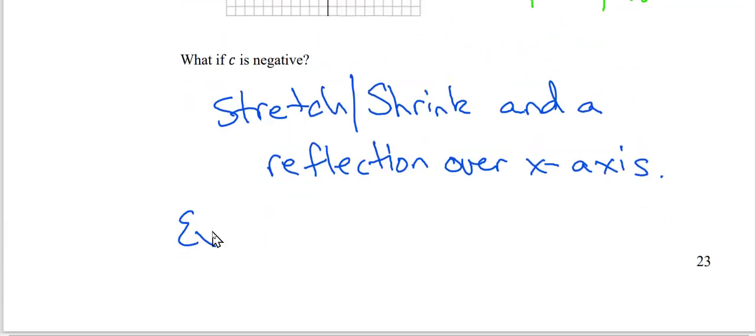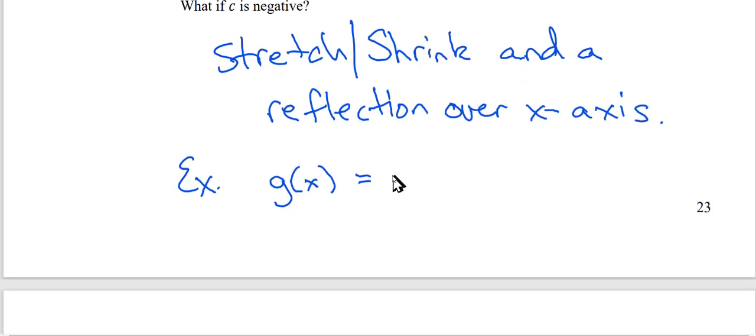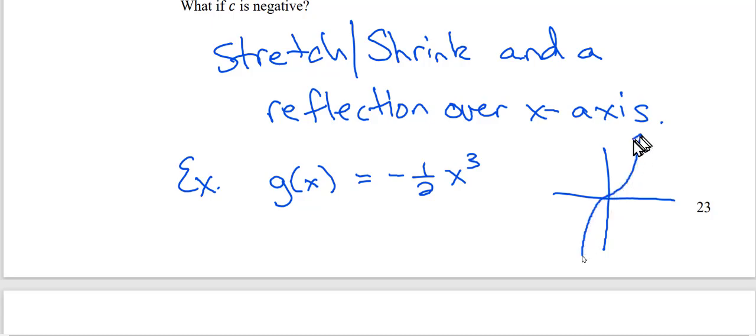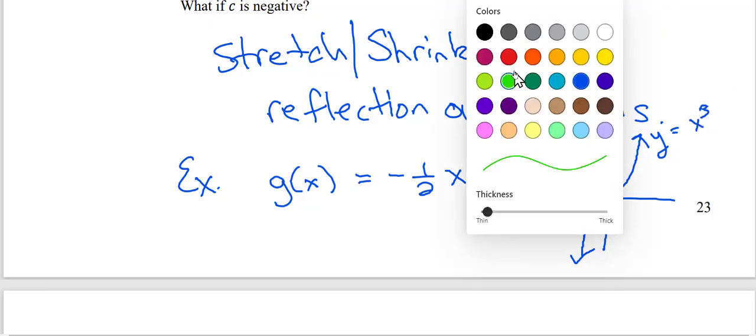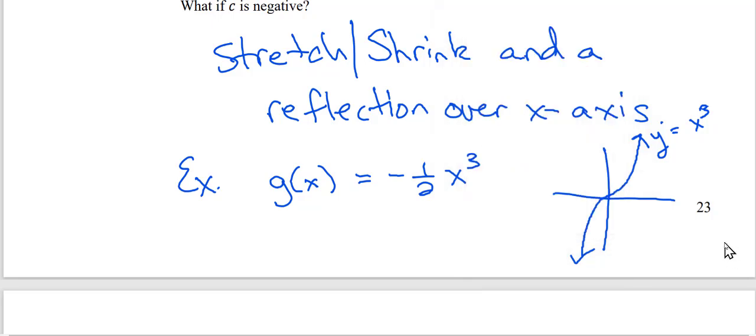So, for example, if you had g of x equals negative 1/2 x cubed, I'm going to do a super rough quick sketch here. A cubic function looks like this. y equals x cubed.